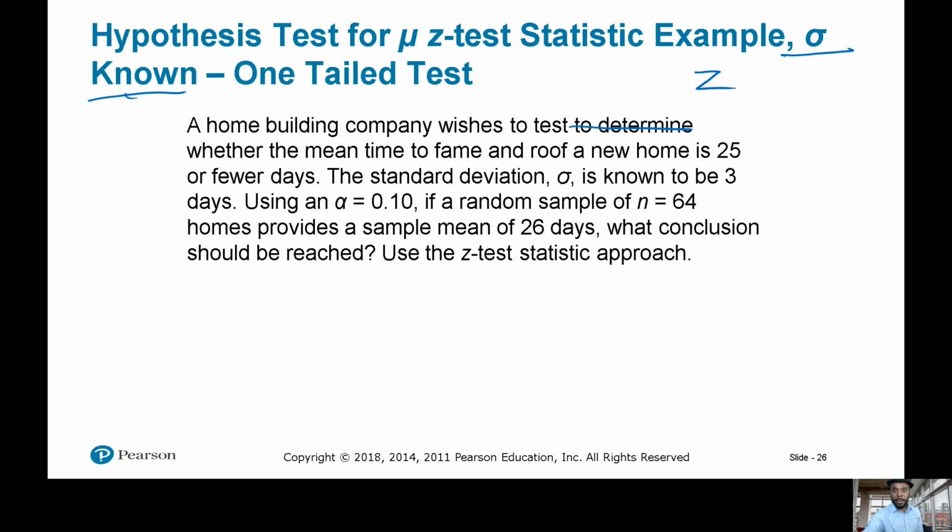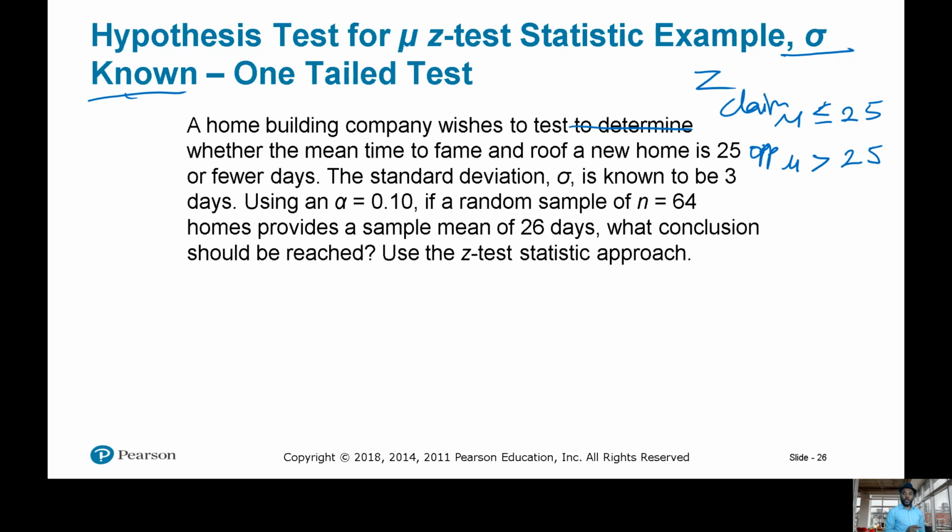So our claim here is, what's our claim? That mu is less than or equal to 25. That's the claim. Now the opposite is mu is greater than 25.